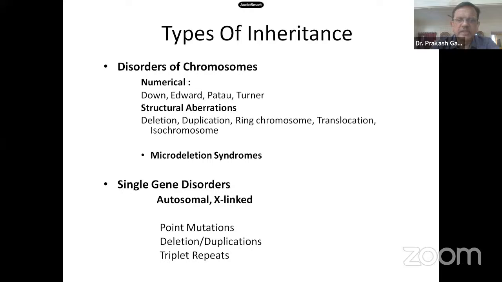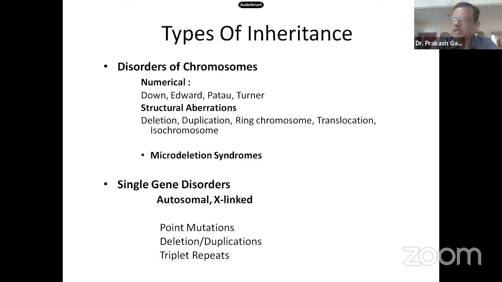And then there is another entity known as microdeletion syndrome. These are the syndromes which occur because of a segment either duplicated or deleted, which cannot be made out through the microscope.